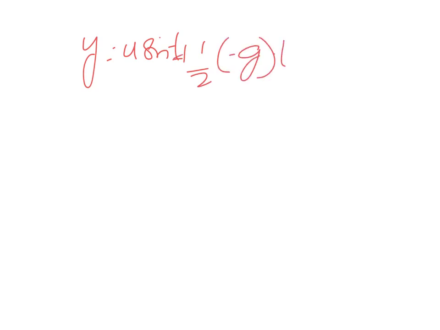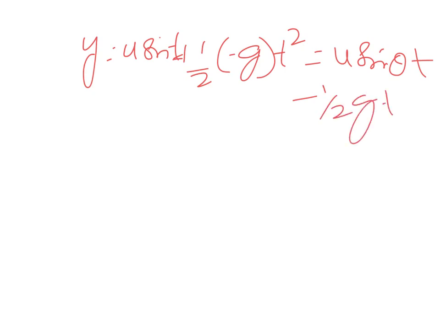So we have y is equal to u sin theta t plus half into minus g t square, that is u sin theta into t minus half gt square.